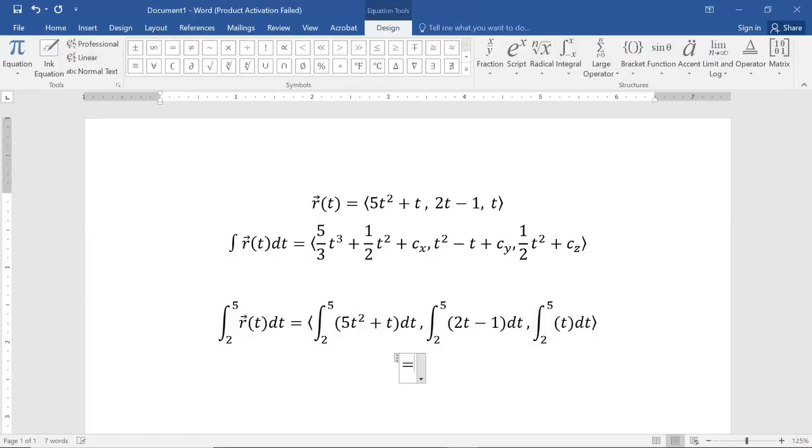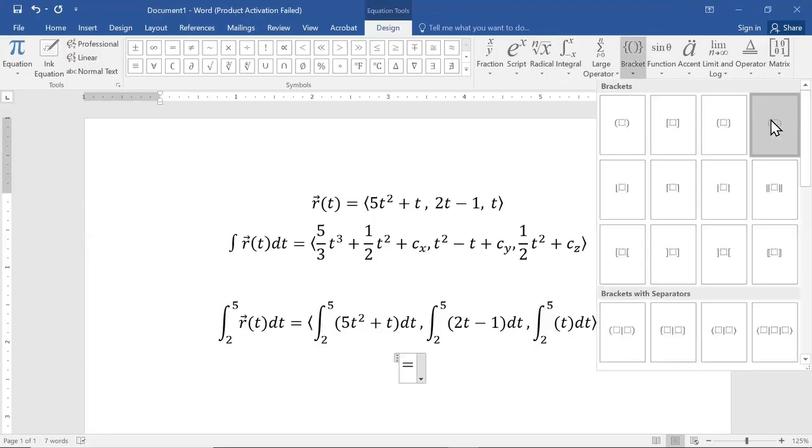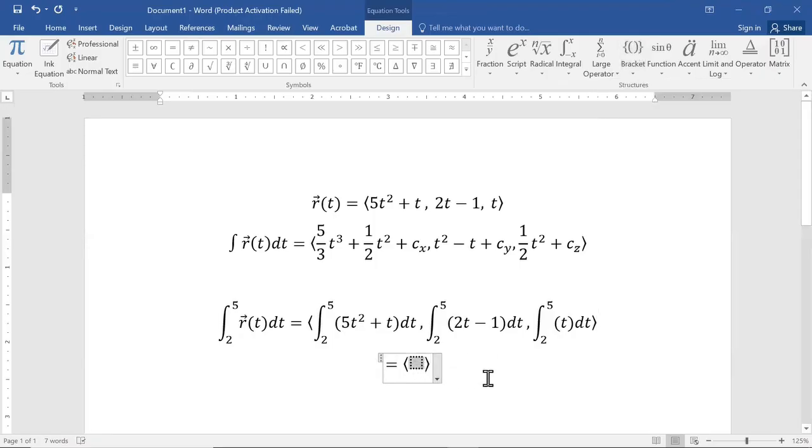Some people like other notation. I'm not a stickler for which notation you like the best. If you want to, you can do 5/3 t to the third plus 1/2 t squared. And that's the antiderivative. And then what we do is we go from 2 up to 5, and that'll become my new x value.